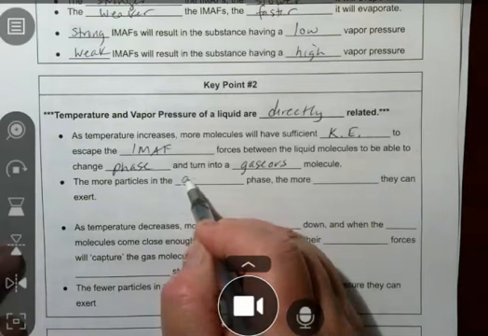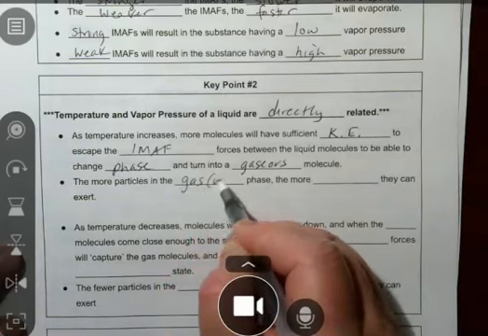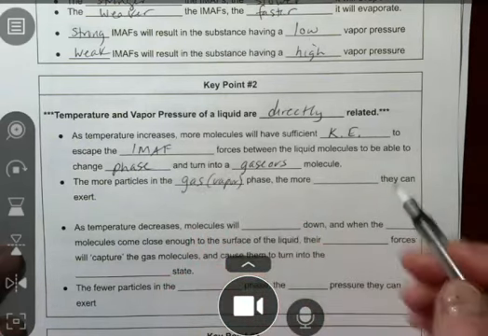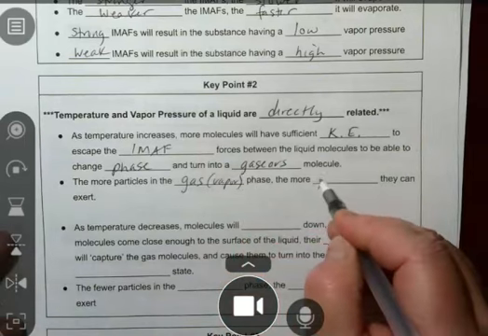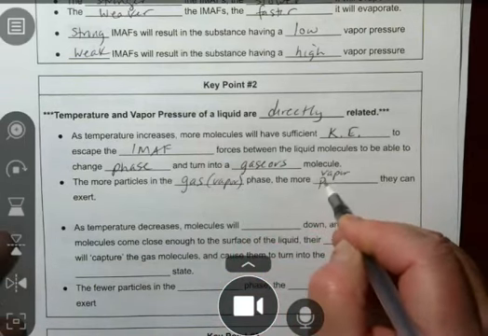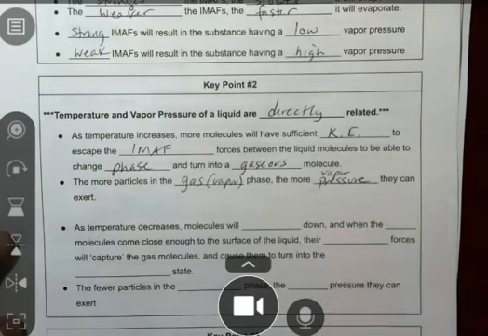The more particles in the vapor phase, the more pressure, vapor pressure, they can exert.